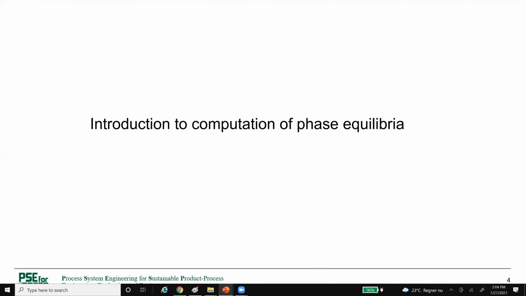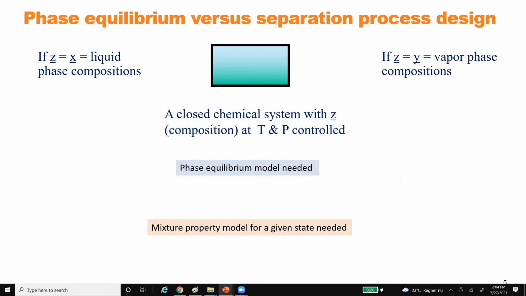So now, even though you may be familiar with the computation of phase equilibrium, I will give you a conceptual overview of this. Let's assume that we have a two-phase closed system that could be liquid and vapor.